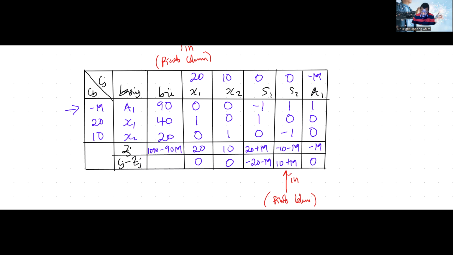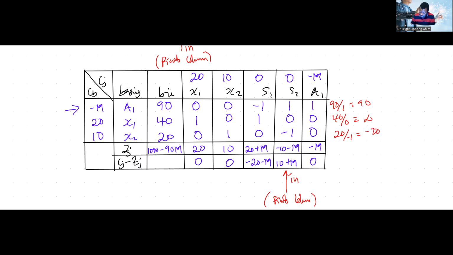We actually do not know. So let's divide all the BIs by the numbers in the pivot column. 90 divided by 1 is 90, right? 40 divided by 0 is infinity. Then 20 divided by 1 is negative 20.